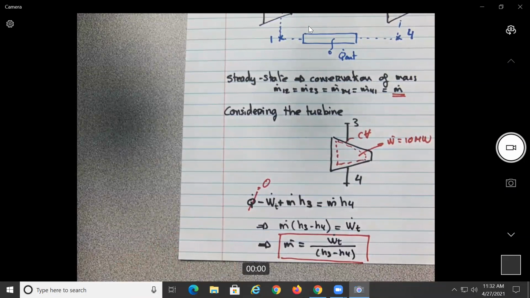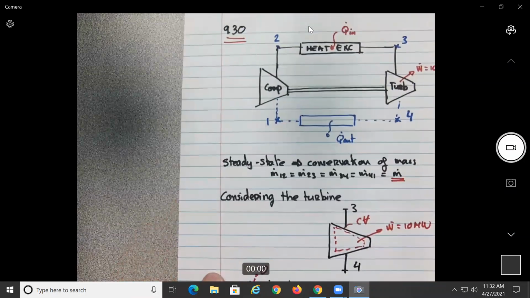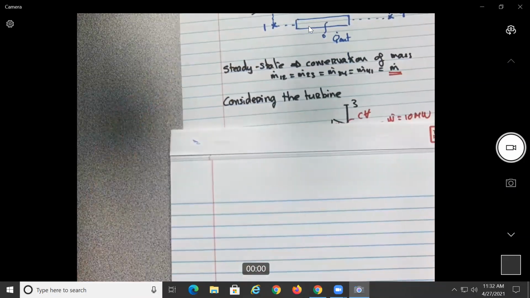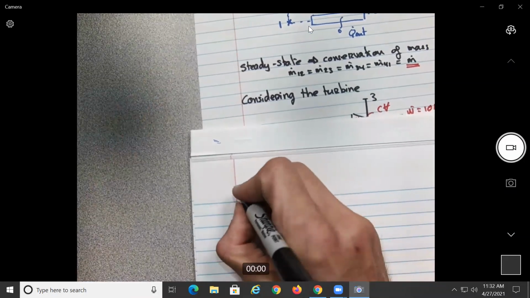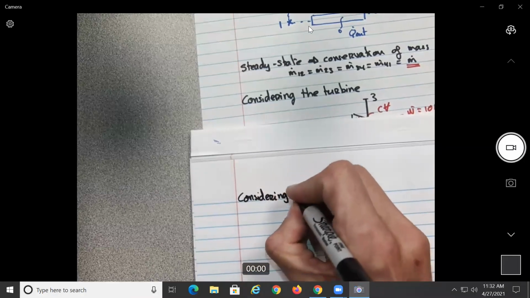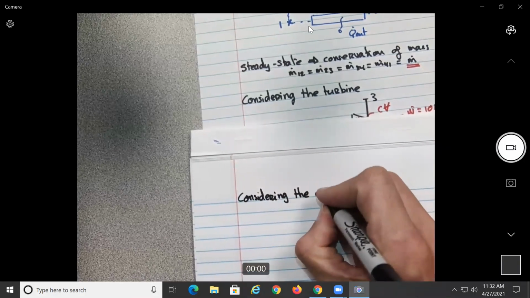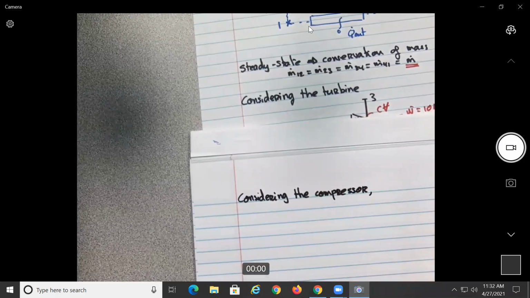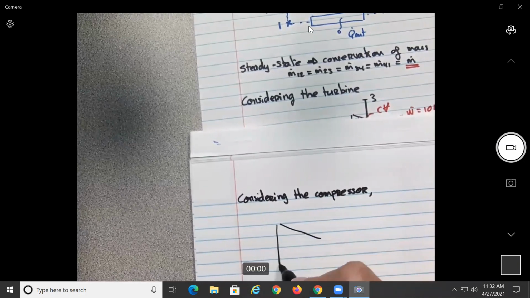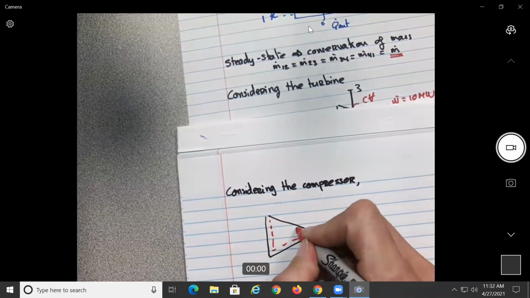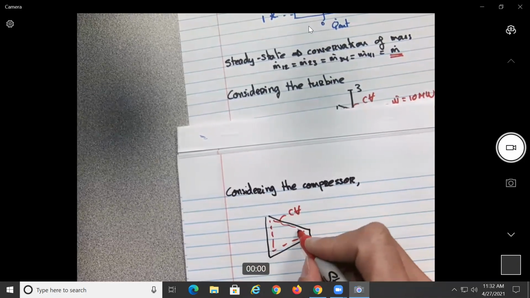Now we do exactly the same thing, but we're gonna take as our control volume the compressor, okay? So we follow the same procedure. We say, considering the compressor as our control volume, what do we know about the compressor?